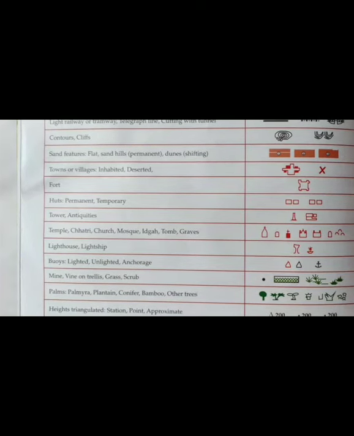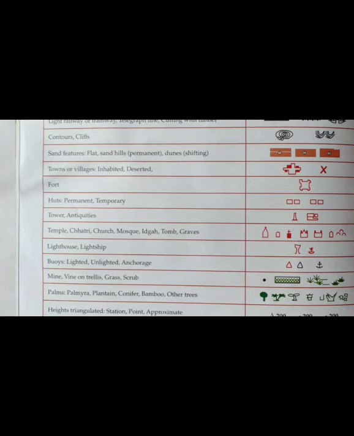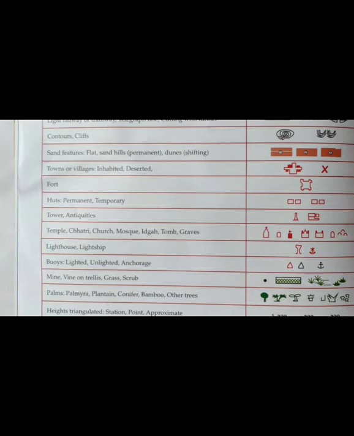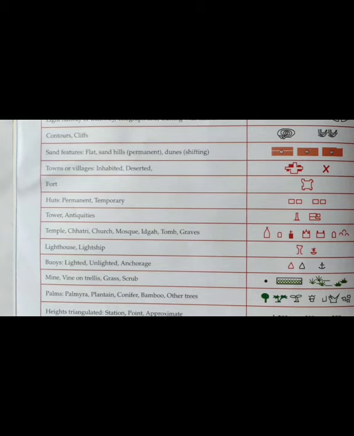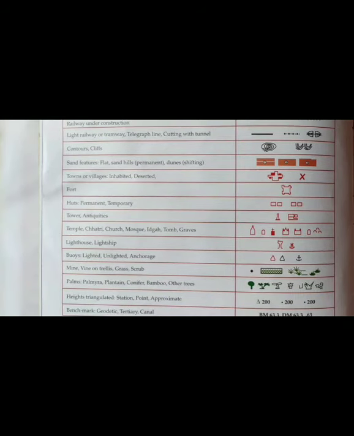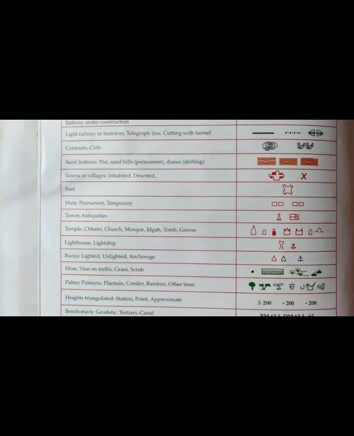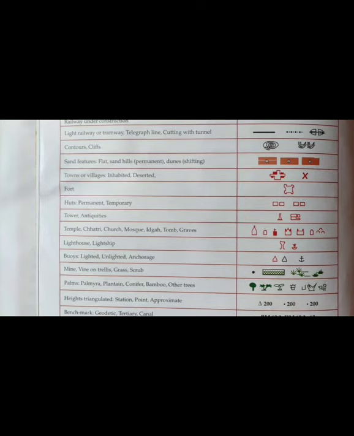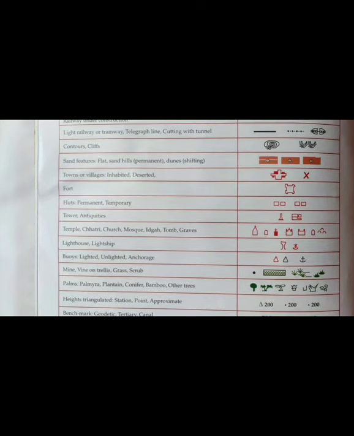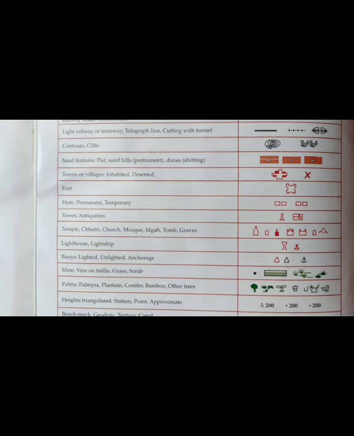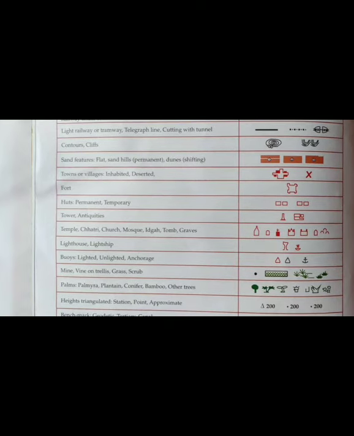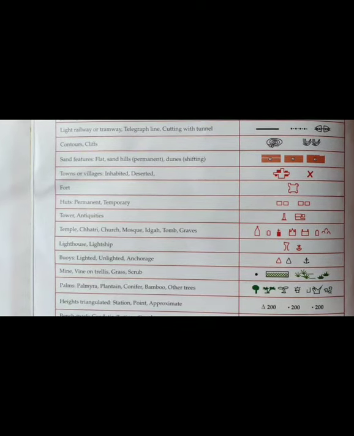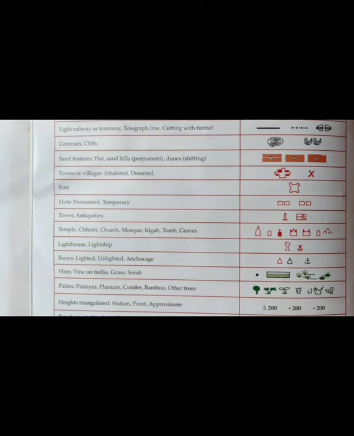Fort symbols, hut symbols, permanent hut or temporary hut, are almost the same. And the temple, church, mosque, tomb, graves, and chhatri are symbols that are used. A chhatri is an architecture made in the Mughal time or by the Rajasthani emperors.